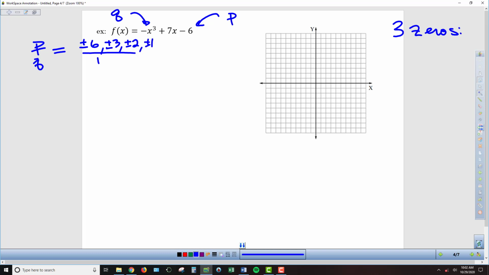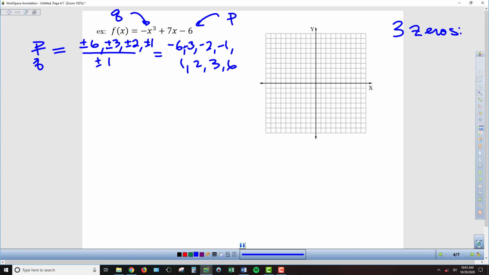And in the denominator, it's just plus or minus 1. So effectively, all of the possible factors of 6 are our rational zeros. For the negatives, it's -6, -3, -2, -1, and then 1, 2, 3, and 6.